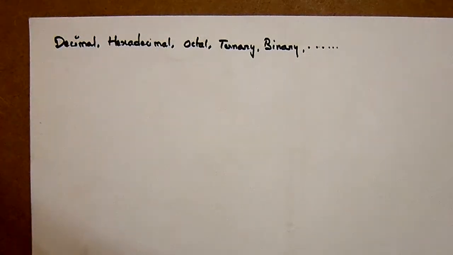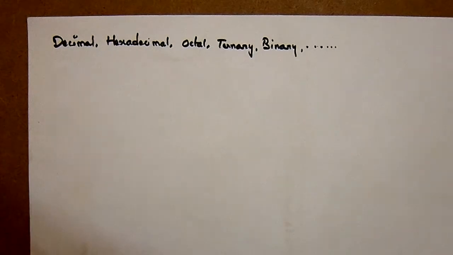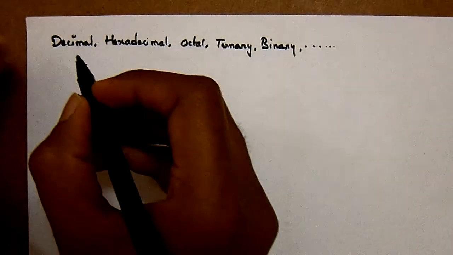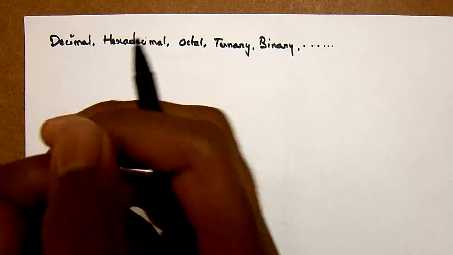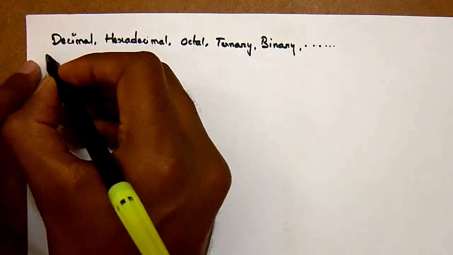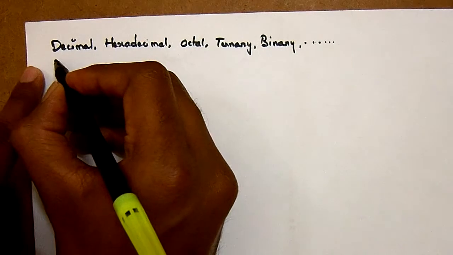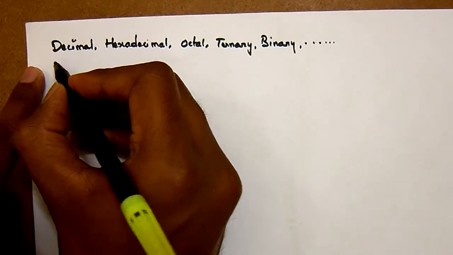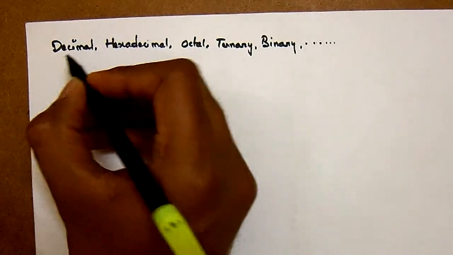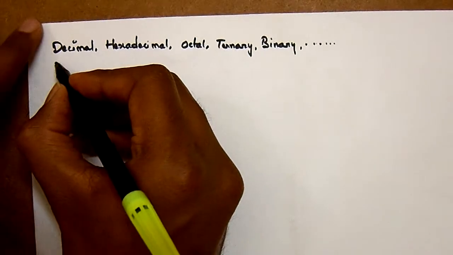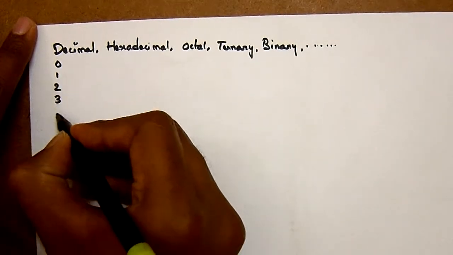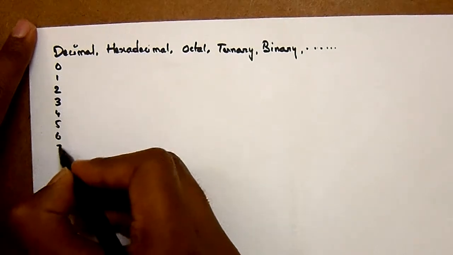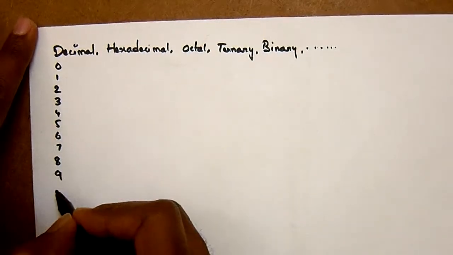What exactly is a number system and what does it have? A number system is a way of how you represent a value. For example, we have decimal number system in that we have some digits with which we represent any value. The digits that we use in decimal number system are 0, 1, 2, 3, 4, 5, 6, 7, 8 and 9.